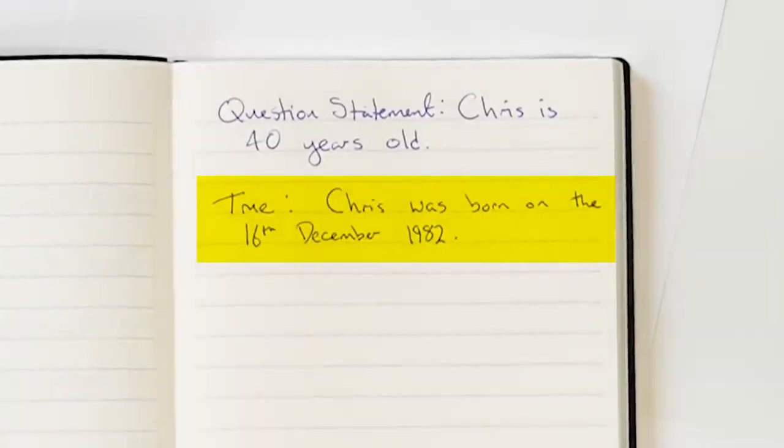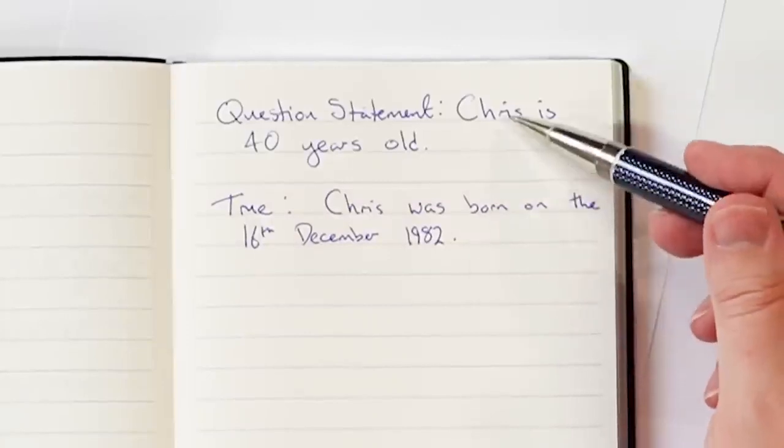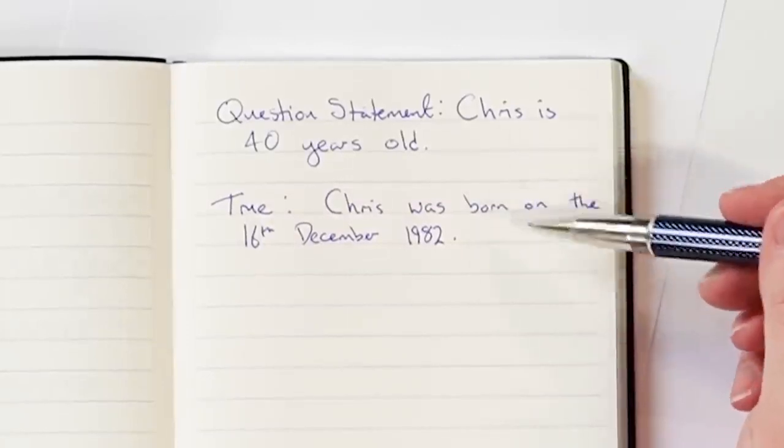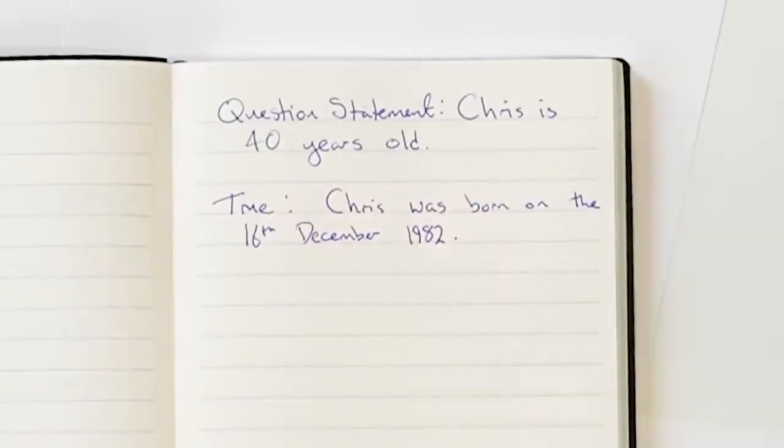So today, while I'm filming this, it is July 2023. So a true statement, Chris was born on the 16th of December, 1982. So these two statements agree with one another, all right? They agree, they mean the same thing. So this is a true statement.